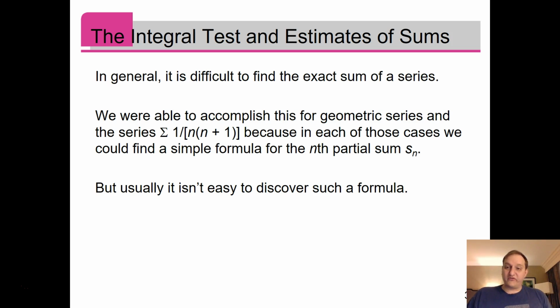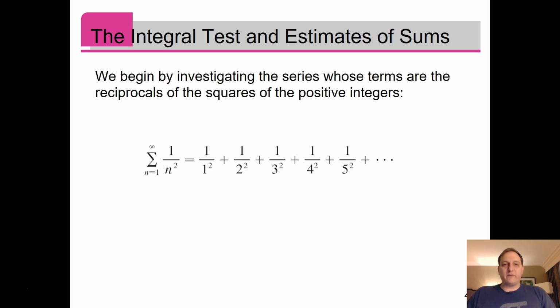We did a partial fraction decomposition, it was a telescoping series, and so we were able to find a closed form formula for the sequence of partial sums. In general, that's very difficult to do, and we can't do that. So the question becomes, what do we do to say whether a series converges or diverges?